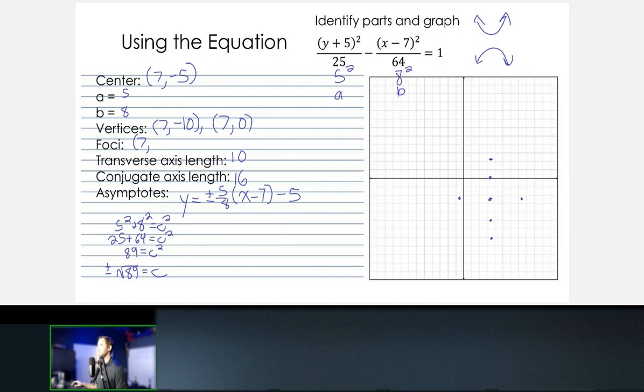From the center, which is at -5, we are going down radical 89 and up radical 89, which is pretty easy because you just have to write just that. So the first coordinate is 7 comma -5 minus radical 89. And then the other coordinate is 7 comma -5 plus radical 89.